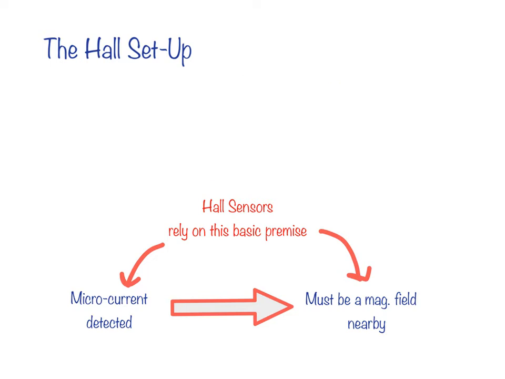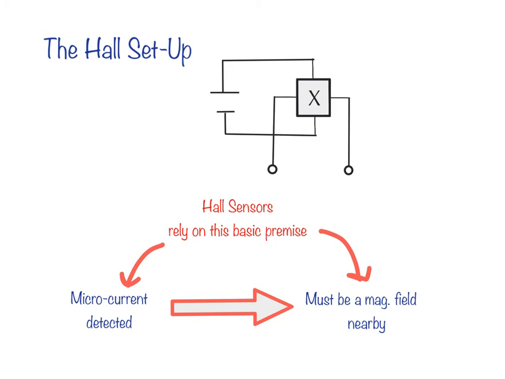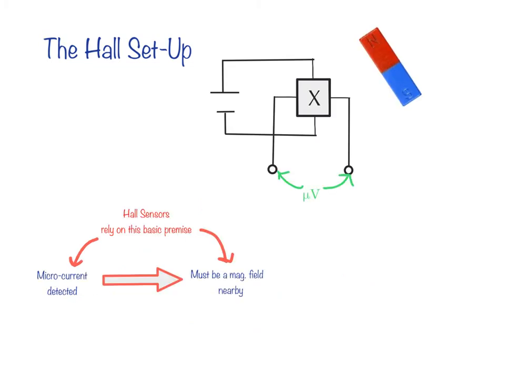One way we can think of this measurement is that in the presence of a magnetic field, we would detect a microvolt per unit of magnetic field strength. An example would be a microvolt per Gauss, which is a unit we could use to describe how much voltage there is per unit of magnetic field.